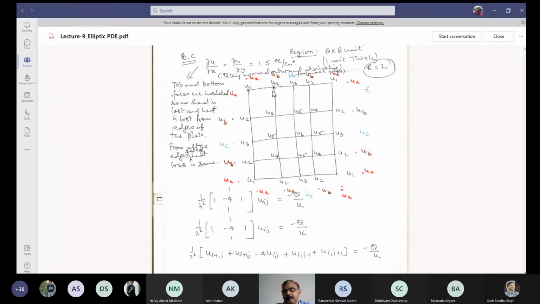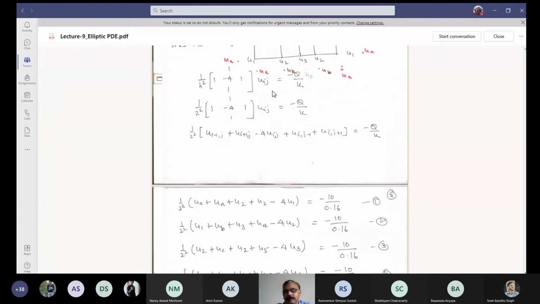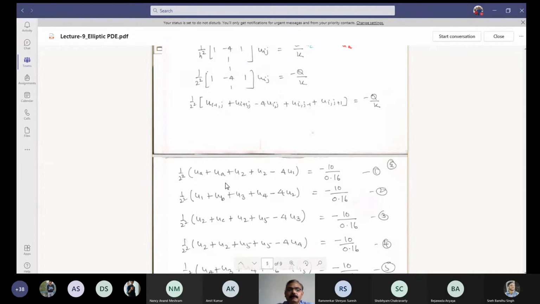So through picture I have cleared. I hope it is clear. And then you can write down those variables using this formula also. For u1, it is written minus 4 u1, you can see the next jth column value, previous jth column value, and all those things you can put here, equal to 1 by h square, 1 by 2 square minus q by k is written here, right?